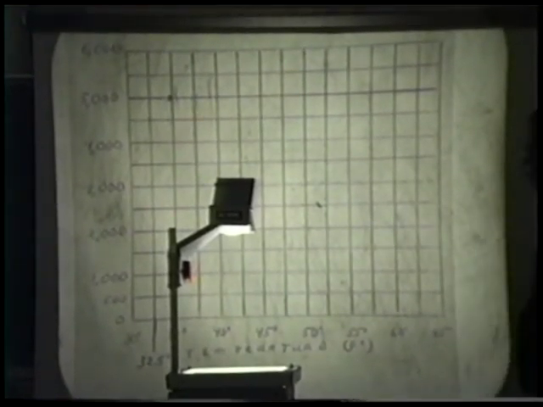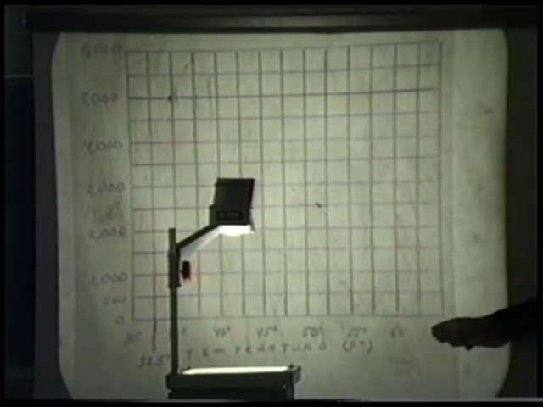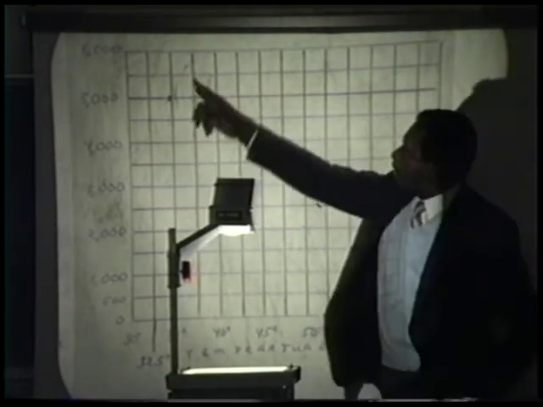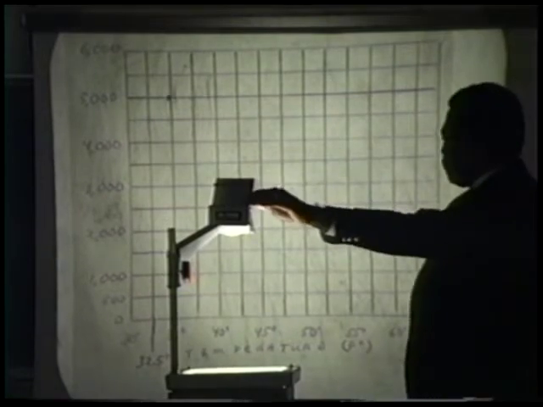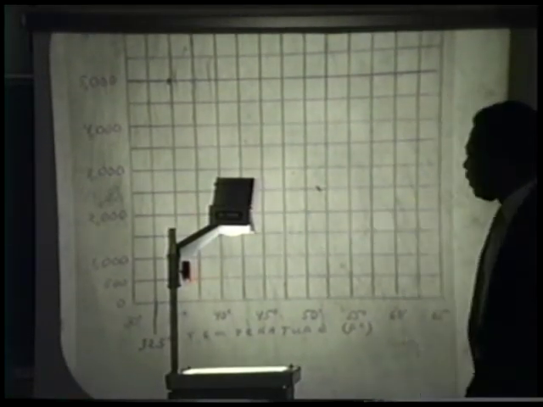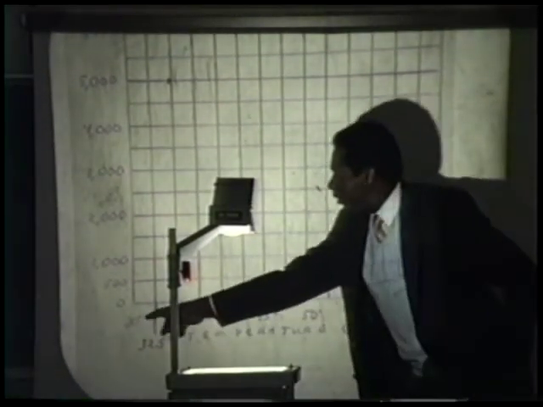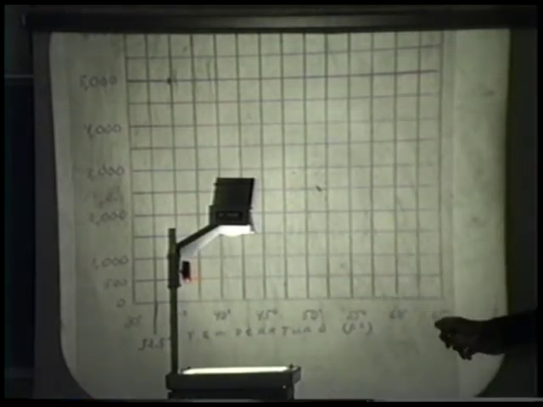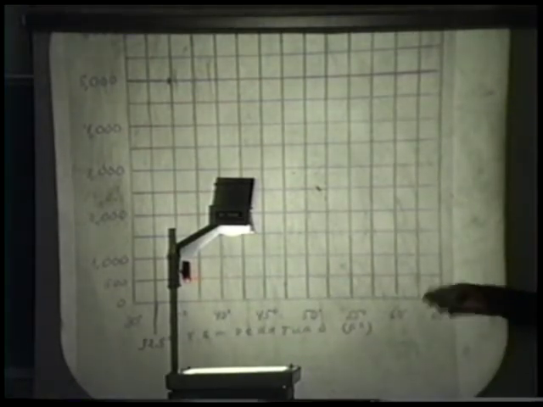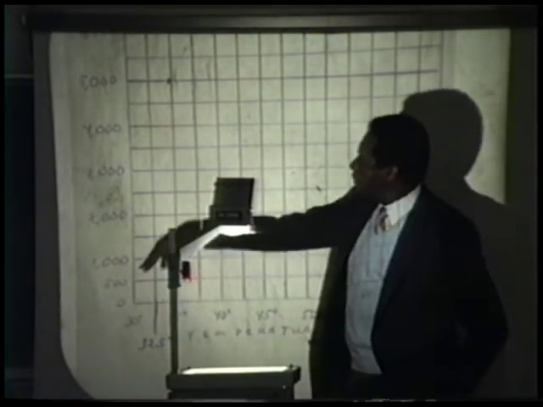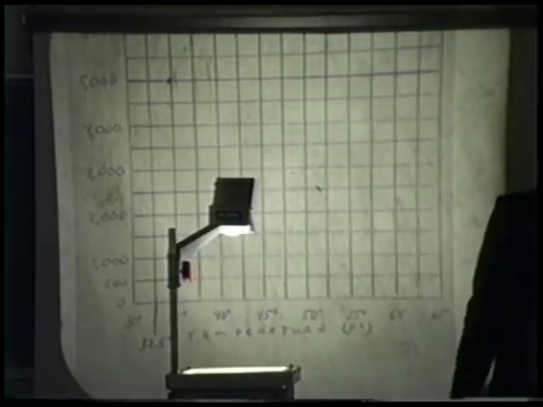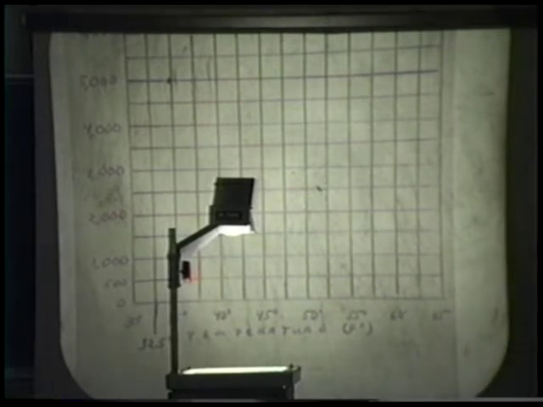This graph shows temperature along the horizontal axis at the bottom, and it shows elevation along the vertical axis to the left. As you can see, temperature goes from 30 degrees to 65 degrees from left to right, and elevation goes from 0 feet to 6,000 feet to the left.